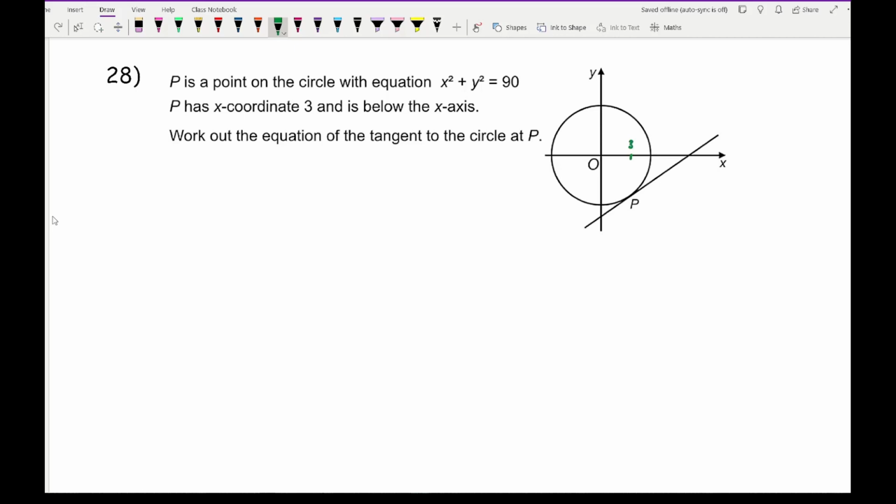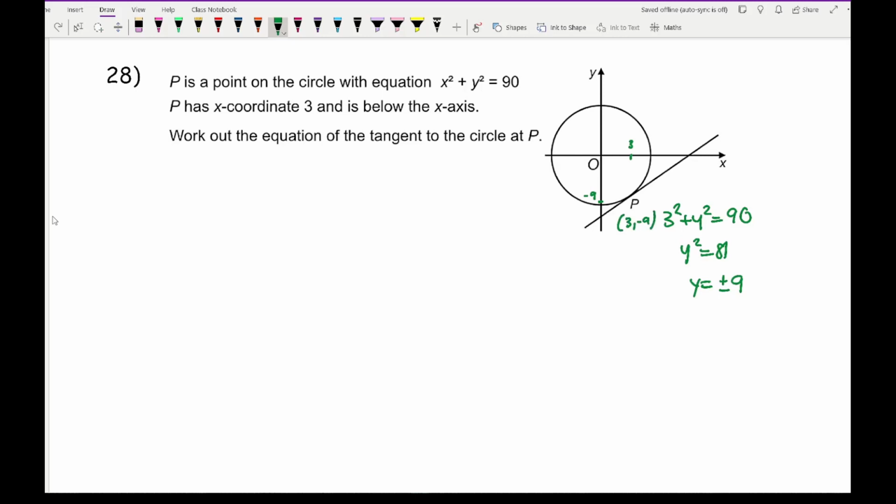To find the y value, all I need to do is substitute x into the equation. So 3 squared plus y squared equals 90. So y squared equals 81, so y equals plus or minus 9. Because it's below the x-axis, it's got to be minus 9. So the coordinate of P is (3, minus 9).